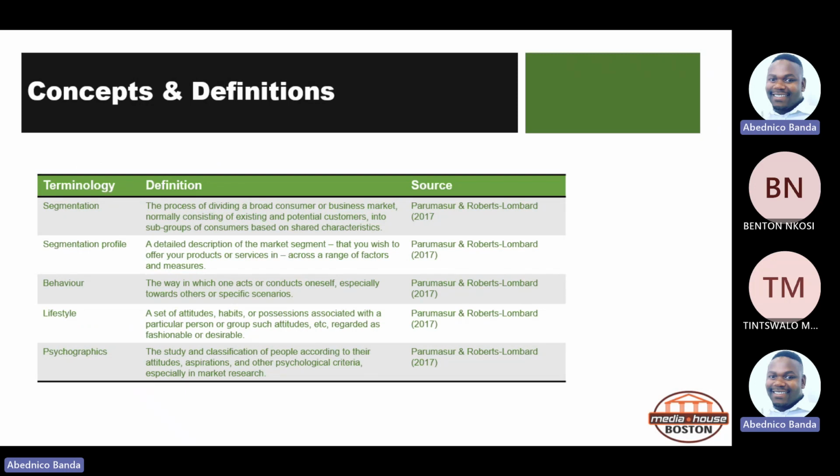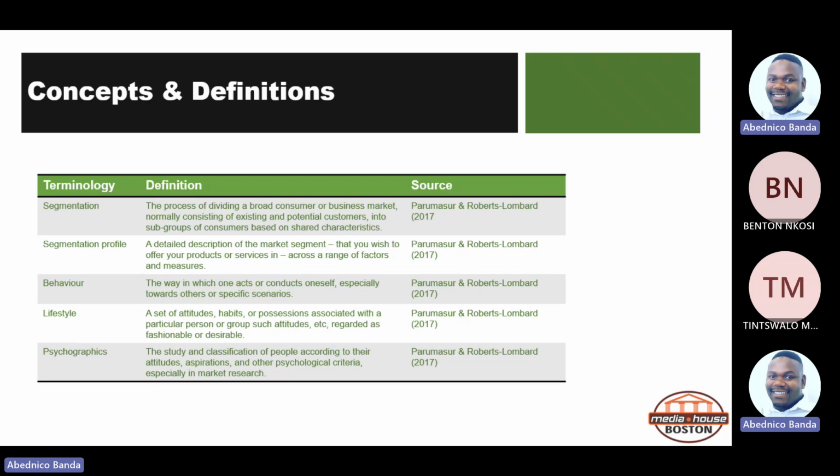So we have got the terms segmentation, segmentation profile, behavior, lifestyle, and psychographics. The definitions are there, and once these slides are uploaded, you will be able to download them and conceptualize with these definitions.